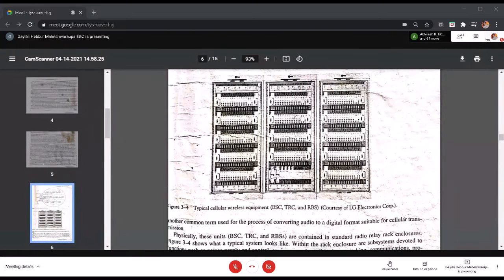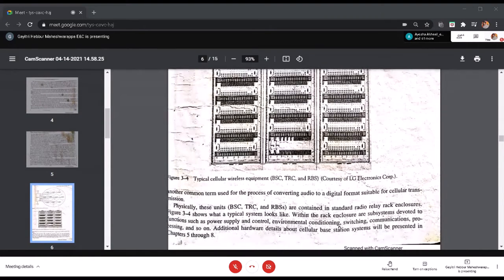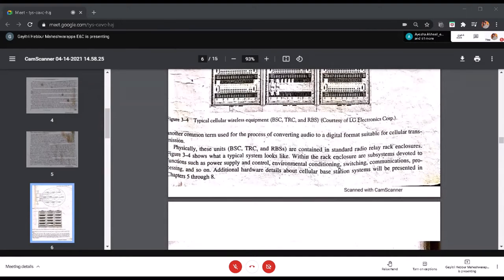For example, the TRC has to convert an analog signal into a digital signal suitable for the air interface, and rate adaptation has to be done. All those things are done by the ICs and other electronic components, which take care of each radio base station's output power and channels, everything connected to the PSTN, and then from the PSTN to the air interface. So this is how the BSC, TRC and RBSs look.